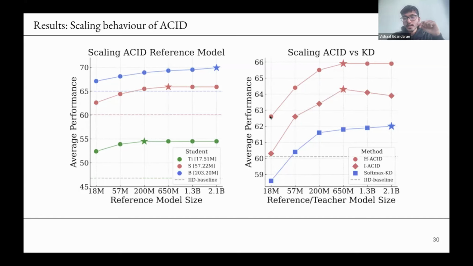And if you note here, our best ACID with the smallest teacher is still better than a distillation baseline that uses a very, very large teacher. That's this star point here. This is again showing you that our ACID method is much stronger than standard softmax distillation that you would do.